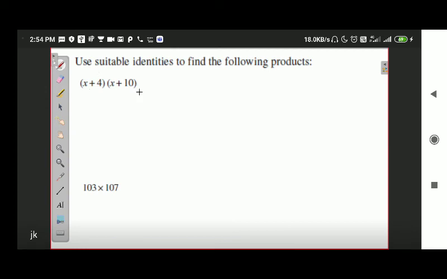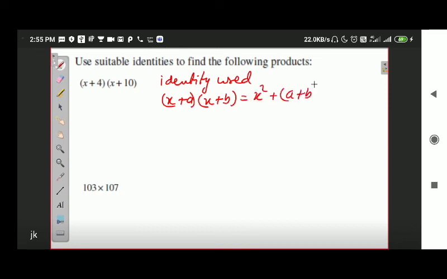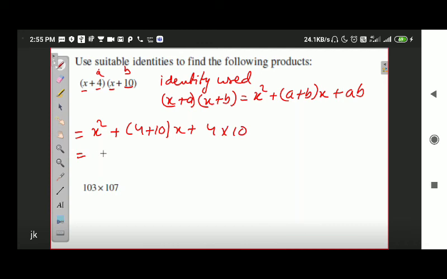The identity used here is x plus a into x plus b equals x square plus a plus b into x plus ab. So x is as it is, a is 4 and b is 10. You will expand it as x square plus 4 plus 10 into x plus 4 into 10. So finally, it is going to be x square plus 14x plus 40.